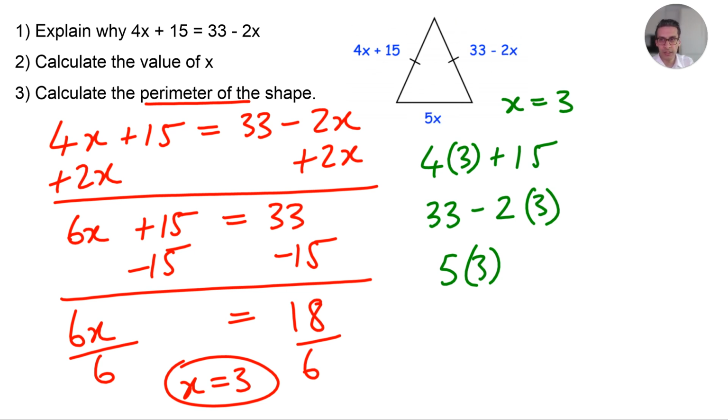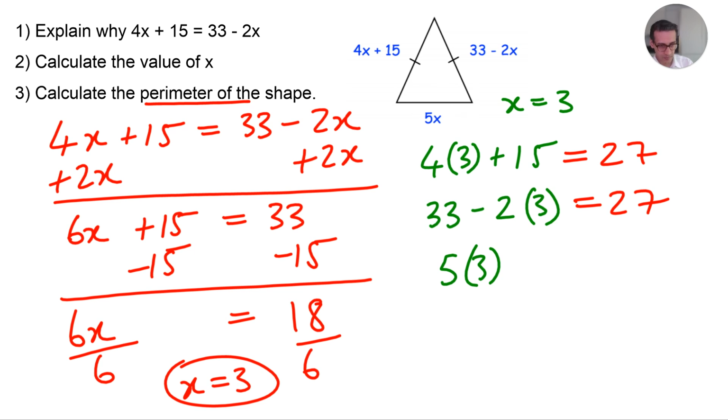Now let's just work these out. So the first one is going to be 12 plus 15. So that's going to be 27. Then we've got 33 take away 6. So that's going to give us 27 again. And actually we should have known that because it's an isosceles, it has to match.